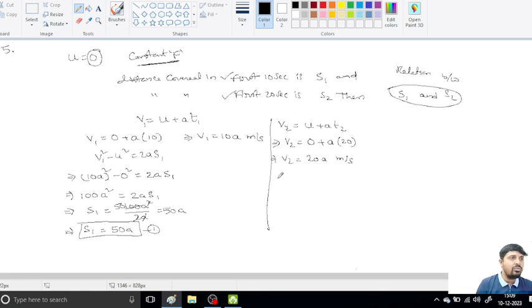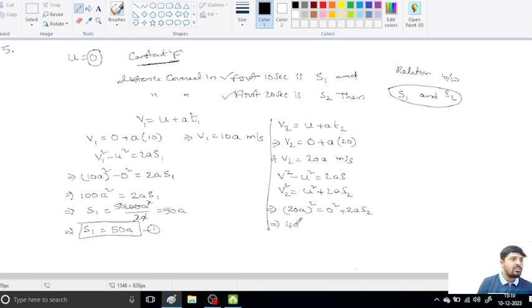As we have to deal with displacement, we take the equation v square minus u square is equal to 2as, so v square is equal to u square plus 2as. Here I am writing v2 and s2. So what is the value of v2 square? 20a whole square is equal to 0 square plus 2a s2.